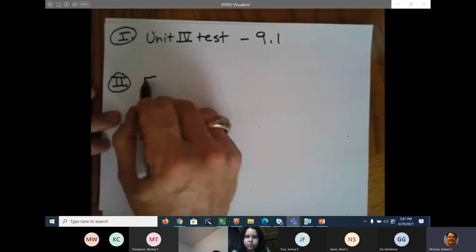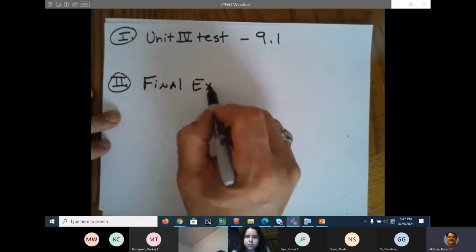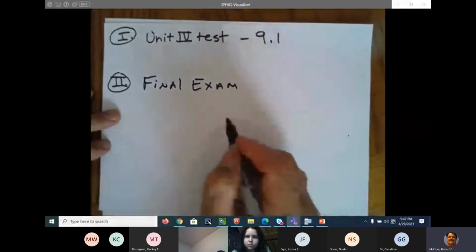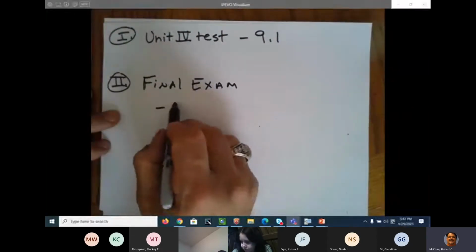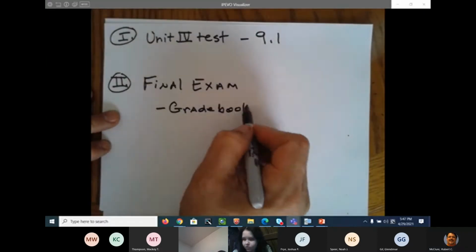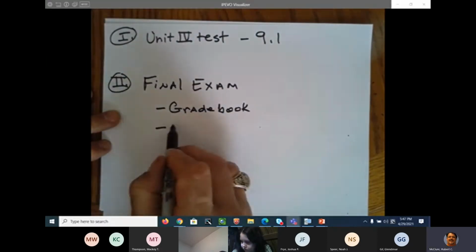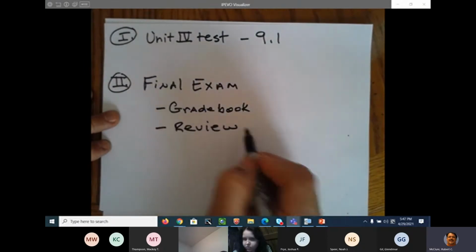Number two, the final exam will cover all of our tests, and that means you can go to your grade book. You can go to whichever test you want and hit the review link.